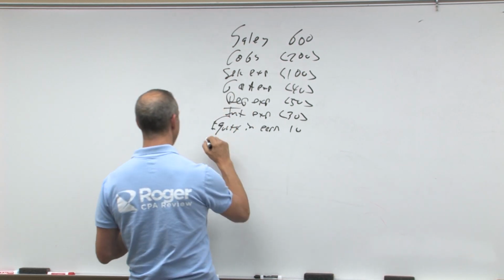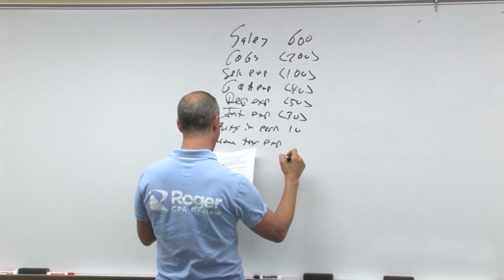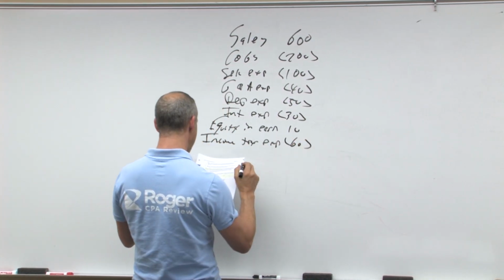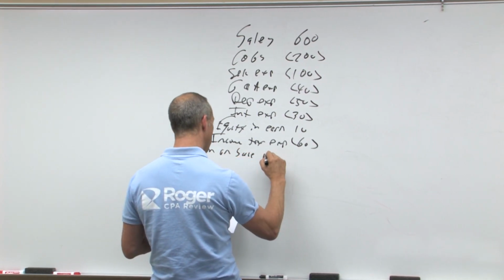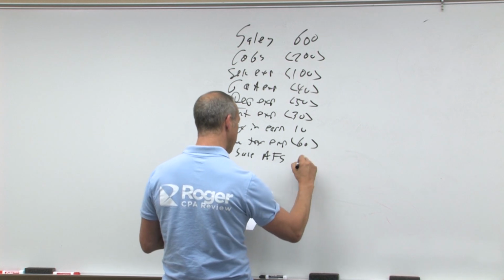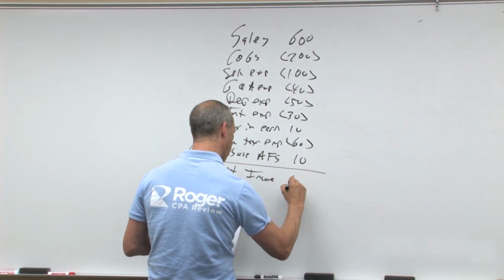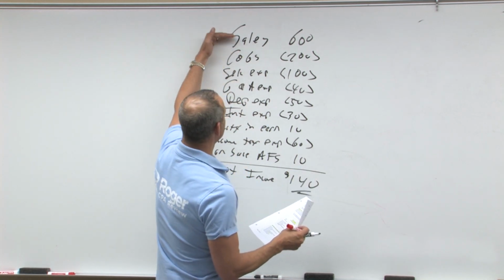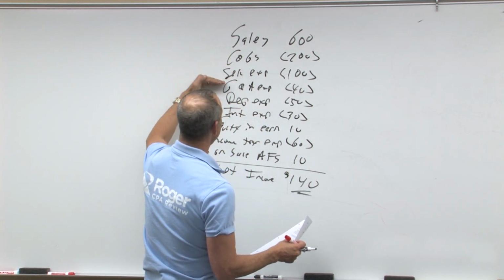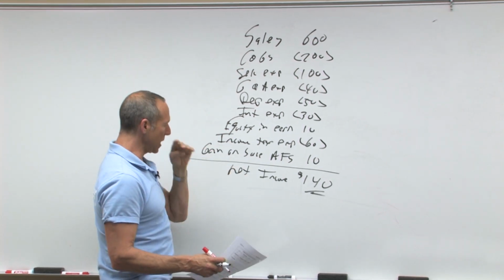Good thing you've got it in your notes. Income tax expense, which is 60, and gain on sale of available for sale securities is 10. That gives me net income of 140. All right, so I've got sales, cost of goods sold, selling expense, G&A, depreciation, interest, equity and earnings, income tax expense, gain on sale, and net income.